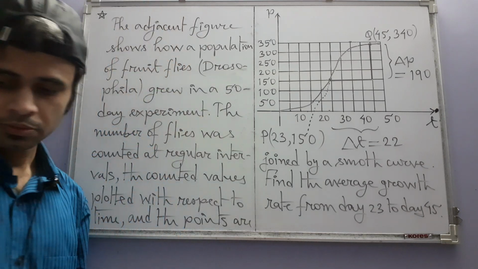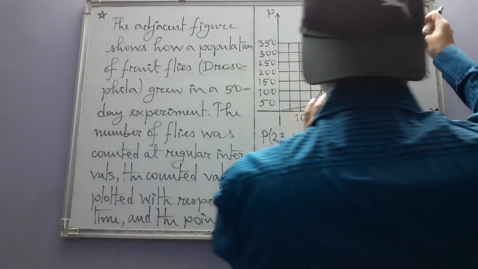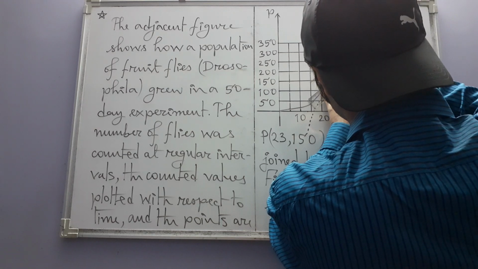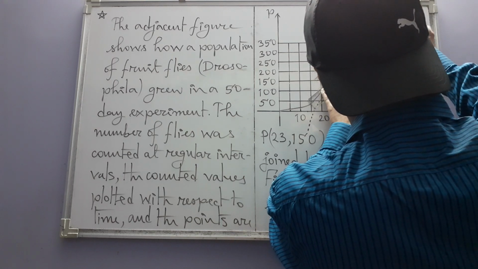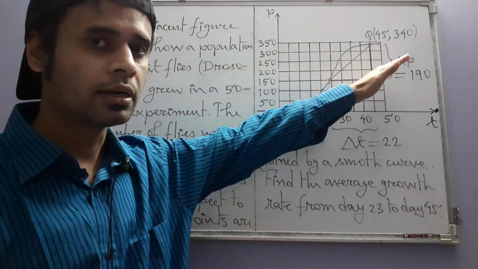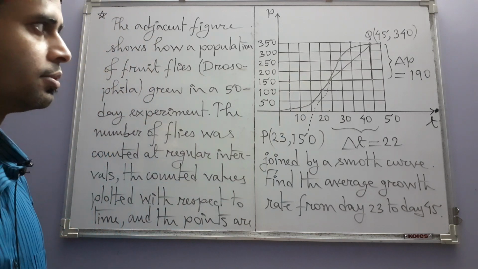So what we are now doing is that we are going to join these 2 points. So this line is a secant line to this curve, joining these 2 points P and Q.